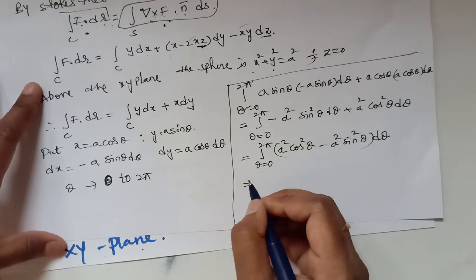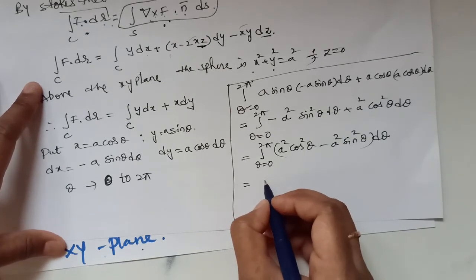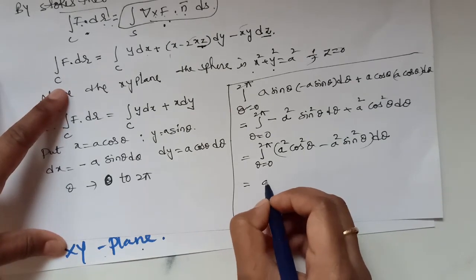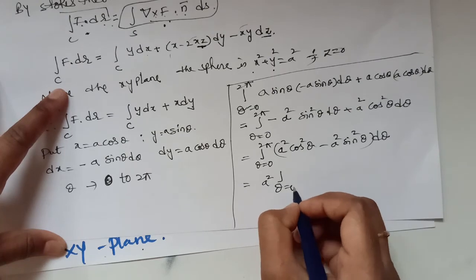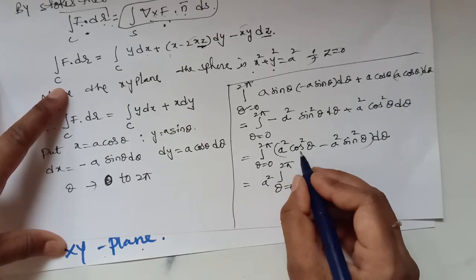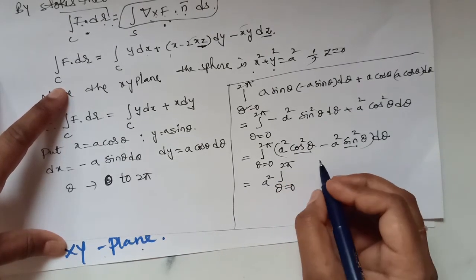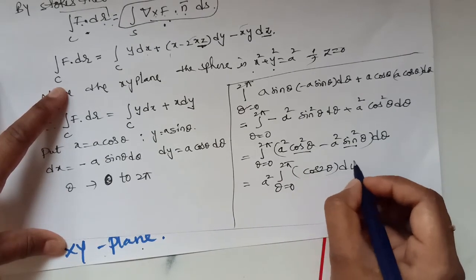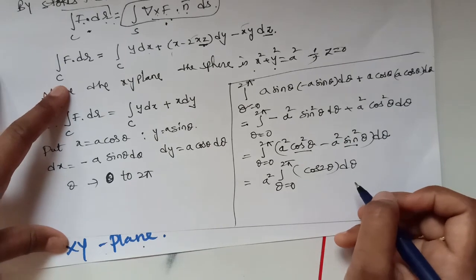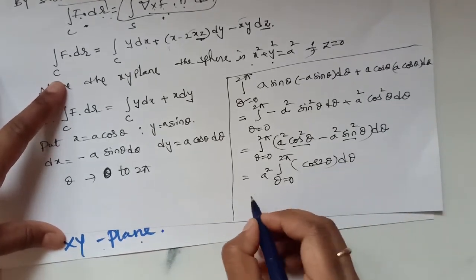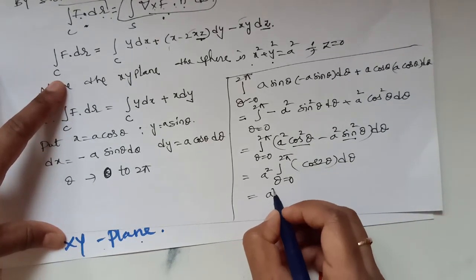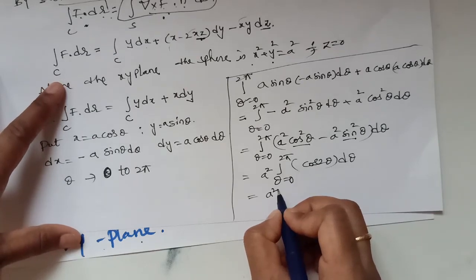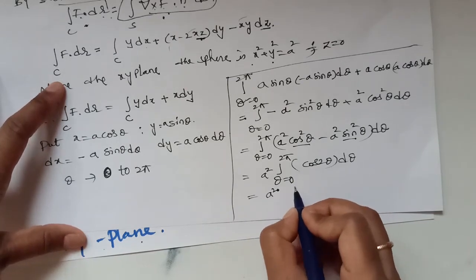We can take a square common and write it outside of the integral, it is a constant. You get cos square theta minus sin square theta, which is equal to cos 2 theta. Cos 2 theta is cos square theta minus sin square theta. Therefore, you can write it as a square integral cos 2 theta, and the integral of cos 2 theta is sin 2 theta by 2.